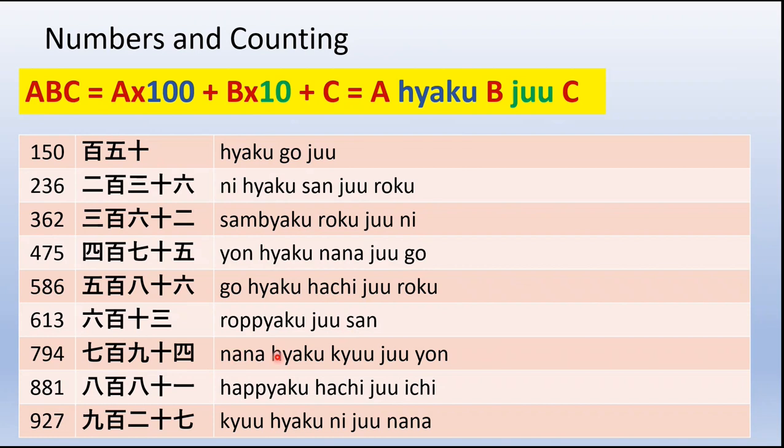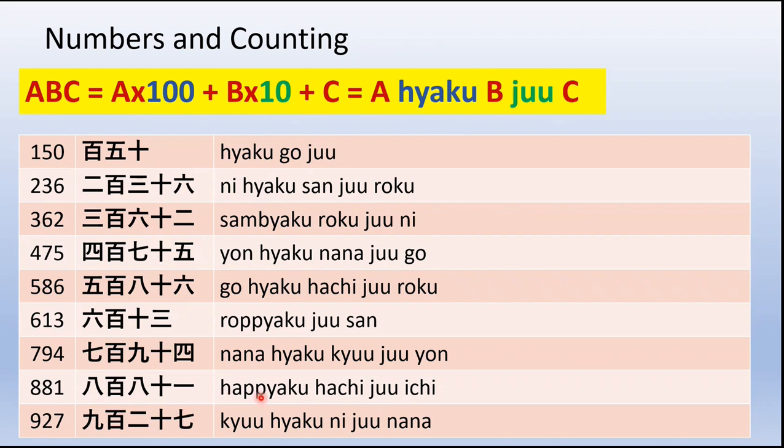794 is nana hyaku kyu ju yon. Nana hyaku is 700, kyu ju is 90, and yon is 4. Then 881, which is 800 plus 80 plus 1.